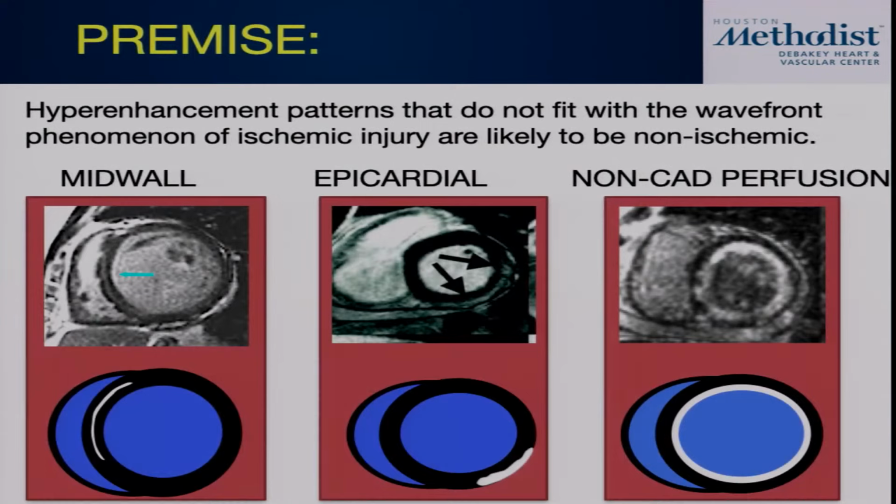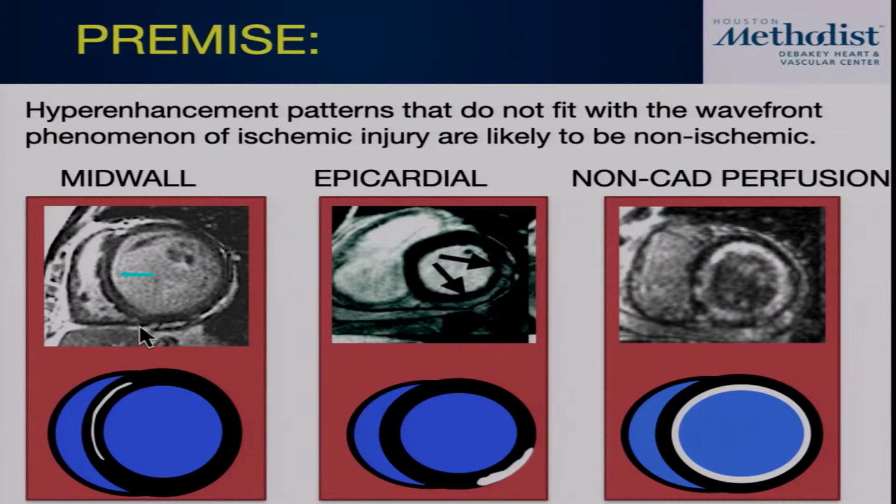And again, to backtrack to last week, I think an important premise to keep in mind is that from the standpoint of cardiac MRI, one of the key things that we look at is not just the presence of myocardial damage, but rather the pattern, location, and extent. Because that helps you first to identify, if you see an area of myocardial damage, whether it's ischemic or non-ischemic.